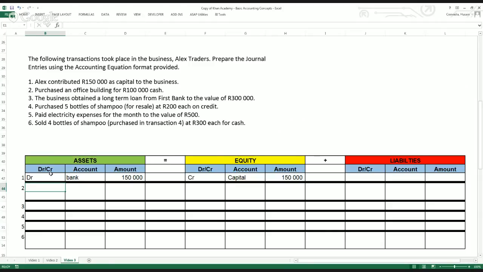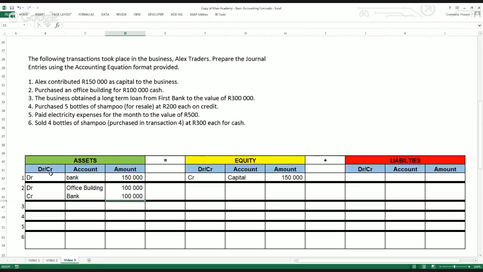To put that down on paper, we start off by saying, what is increasing? Our asset, the office building, is increasing. So we debit office building with the value of 100,000 Rand. And corresponding to that is a decrease in our cash, our bank balance, also to the value of 100,000 Rand.